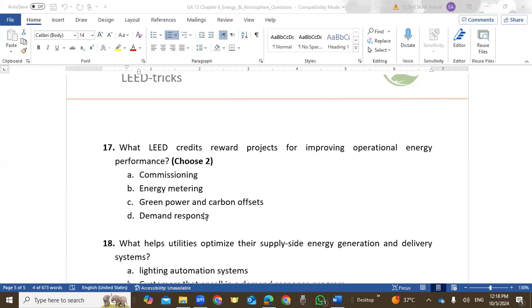I would not choose demand response. Why? Because demand response is a kind of offsetting load, or in electrical engineering you call it load shedding. So I avoid the use of the system for some times. It's not about making the system more efficient. You get the point?